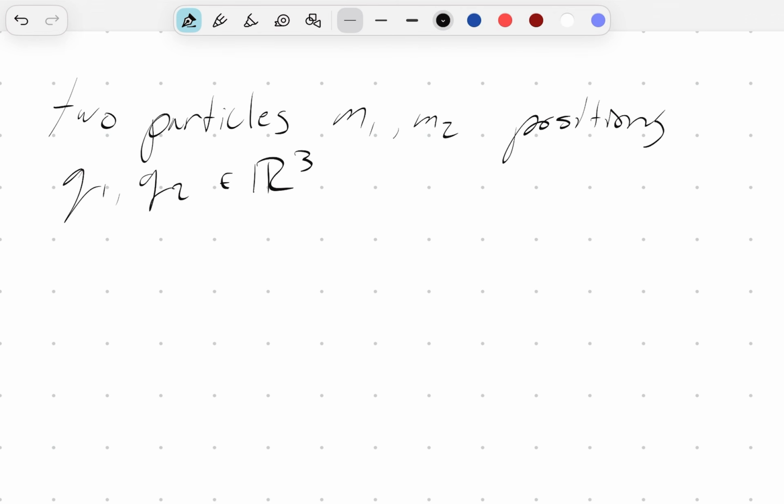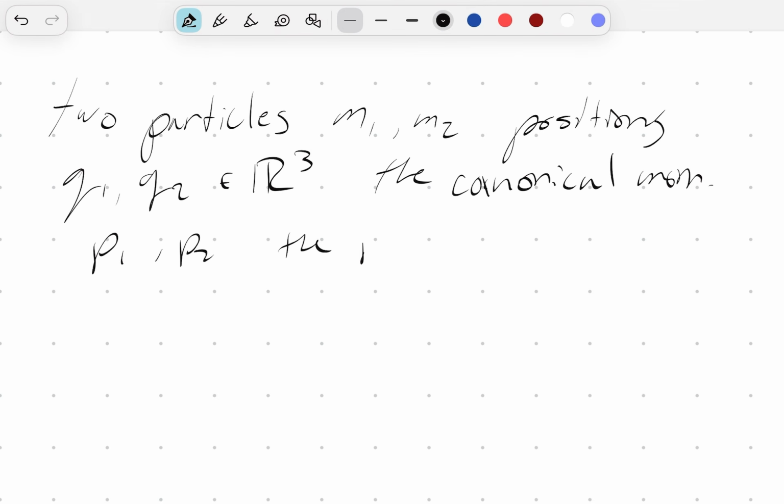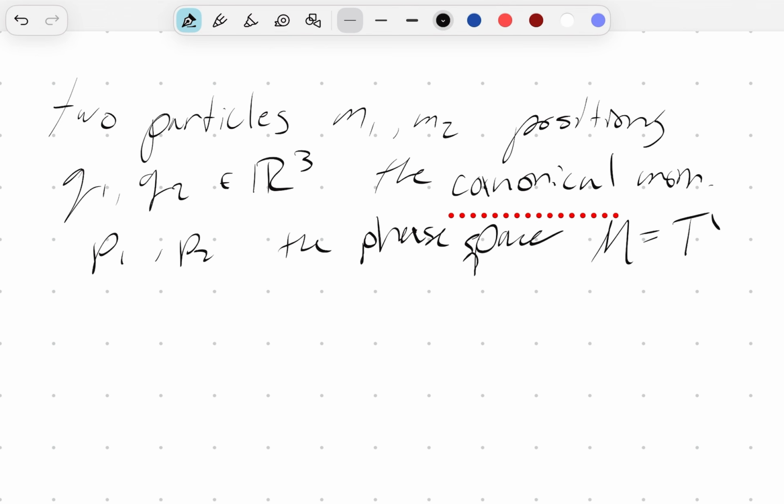and the canonical momenta are P1 and P2, and the phase space will be the cotangent bundle with R6. Now, it's going to have a standard symplectic form.